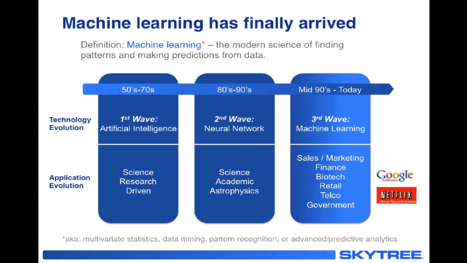A few applied uses started to happen. You may or may not know all your mail is delivered by machine learning. A number of things started to appear in the 80s and 90s with the advent of neural networks, which really was synonymous with machine learning for at least a decade and a half.